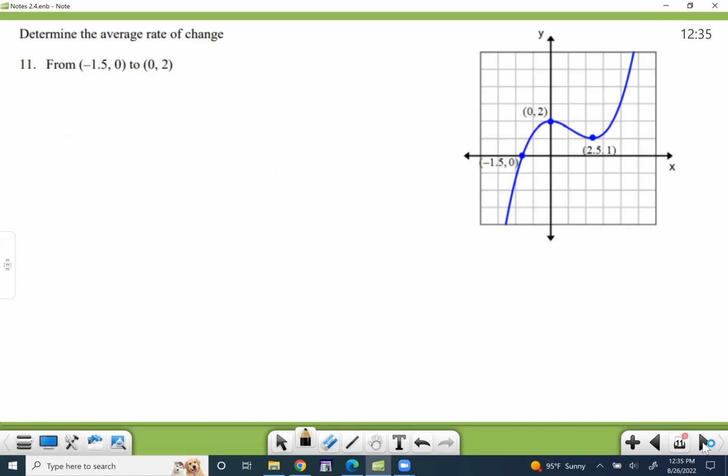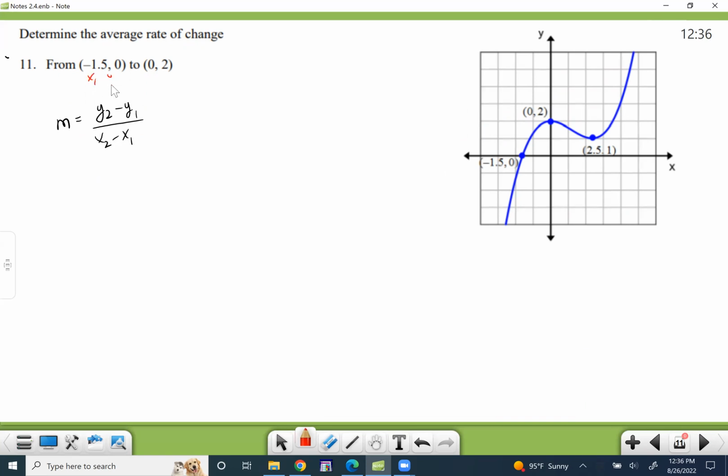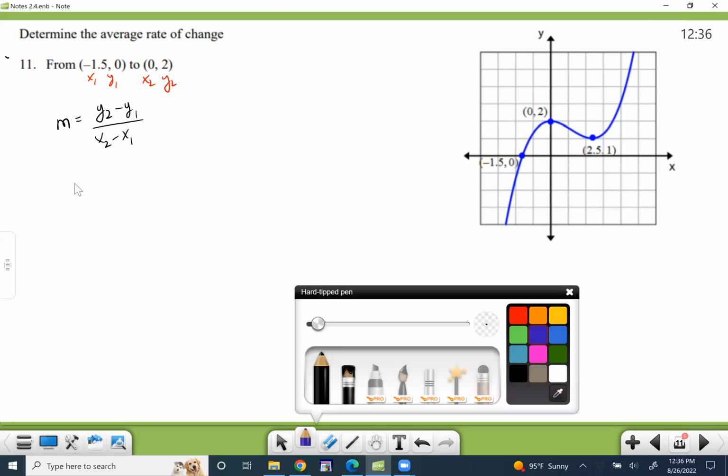All right, so let's go ahead and compute the average rate of change between these two points. So we're going to be using the same formula. Okay, let's go ahead and substitute in, guys. Let's see what we get.